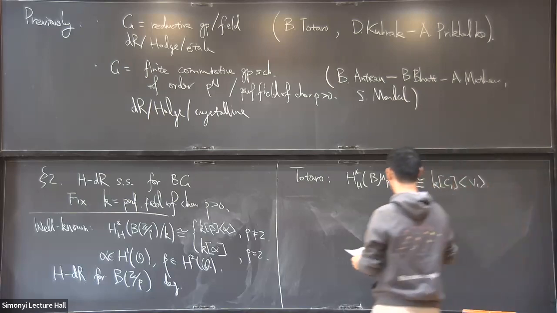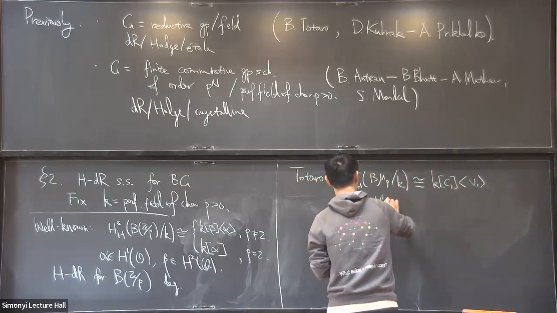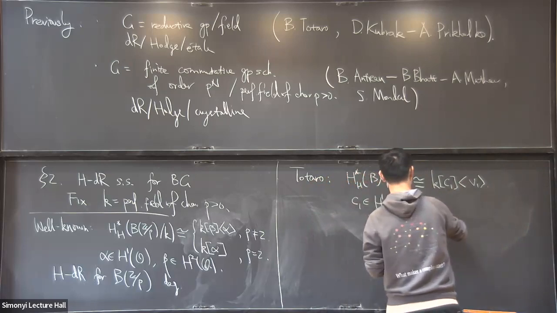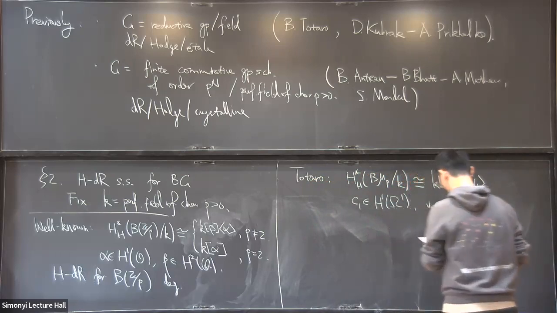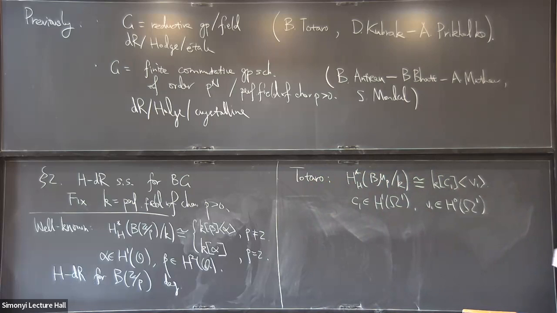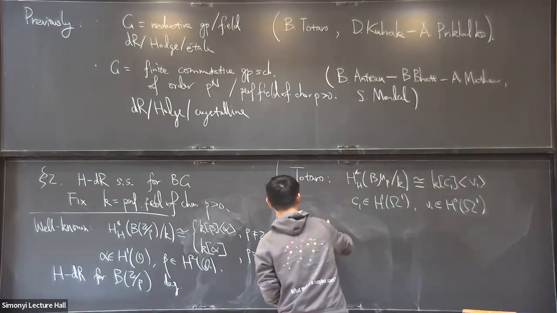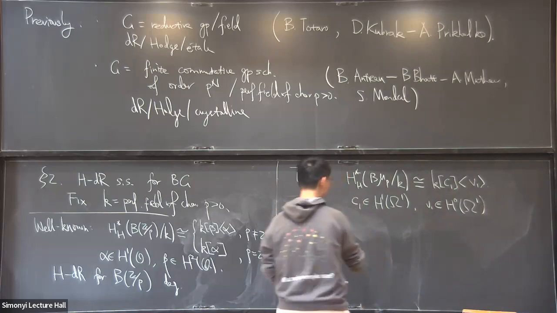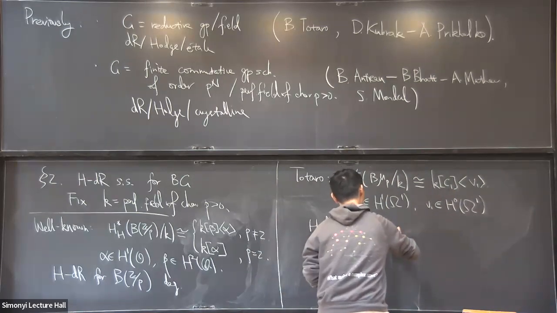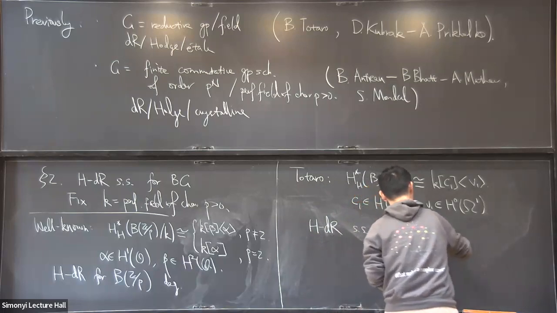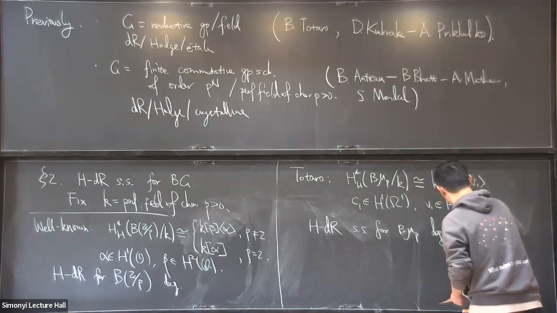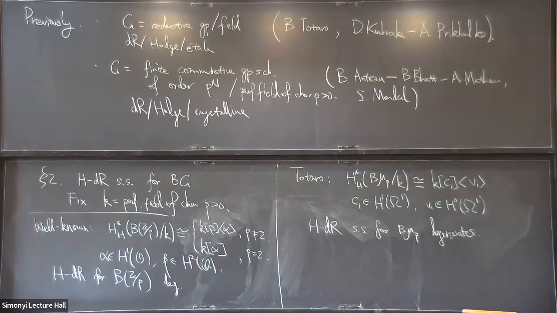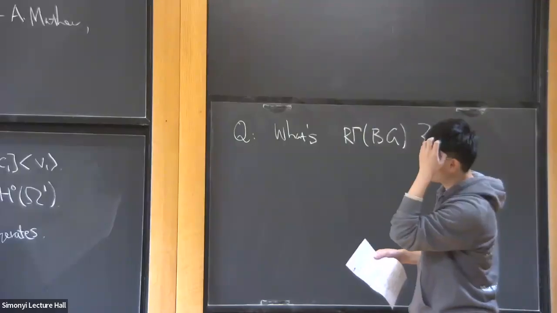So this C1 is in H^1 Omega^1, and this B1 is in H^0 Omega^1. You need a little bit of argument, but it's not too difficult to see that the Hodge to de Rham spectral sequence for B mu P also degenerates, and then you get the same description of the de Rham cohomology of B mu P.